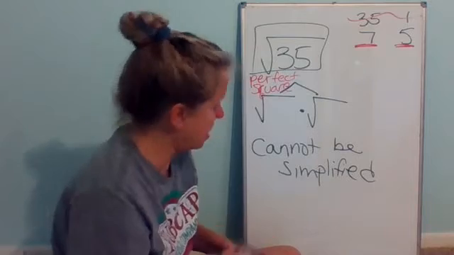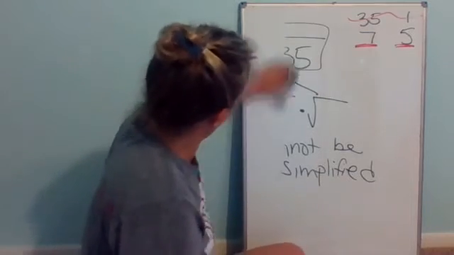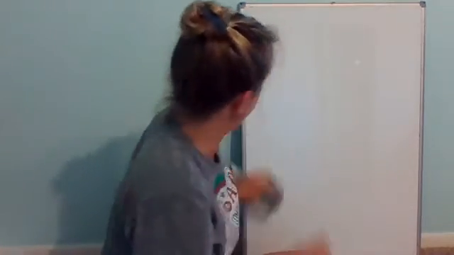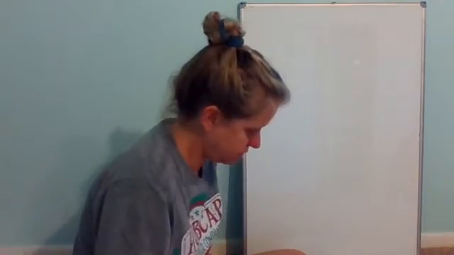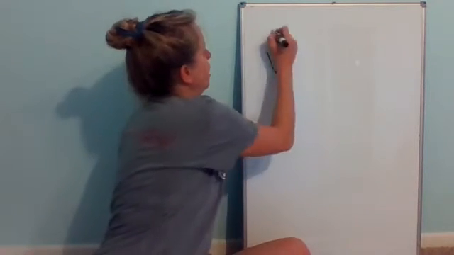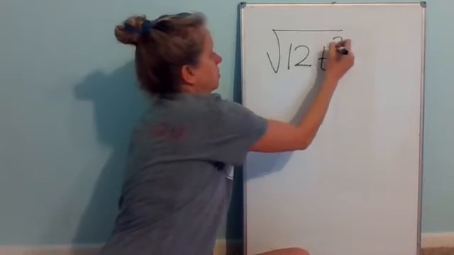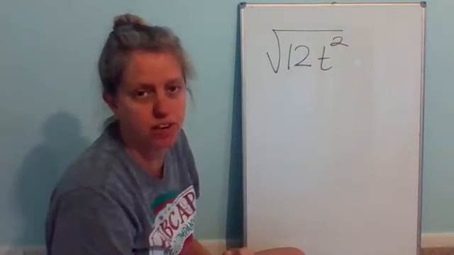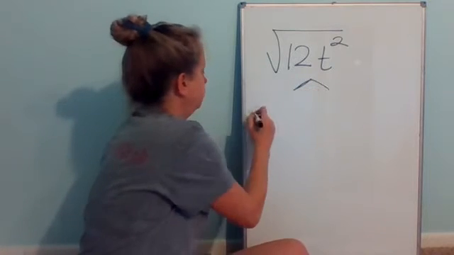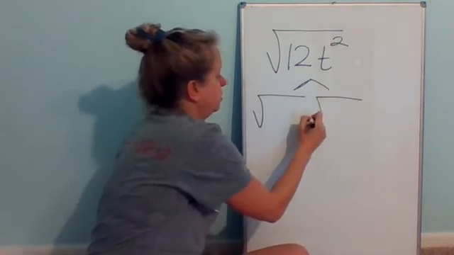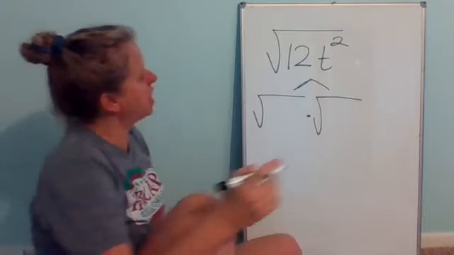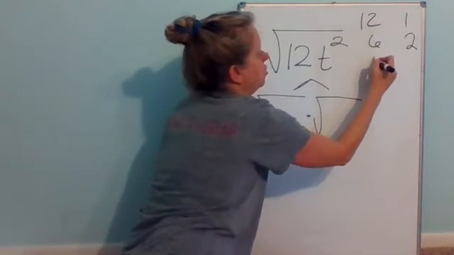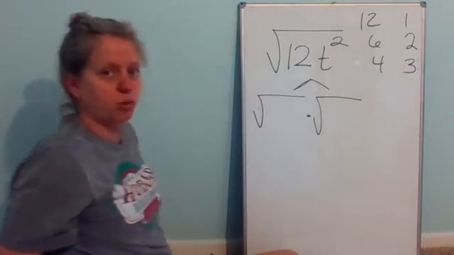All right. Number 9. You got the square root of 12t squared. So again, 12 is not a perfect square, so I can't just take the square root of it like it's written right there. So I'm going to break it up. Let's see, how do you multiply to get 12? 12 times 1, 6 times 2, 4 times 3.